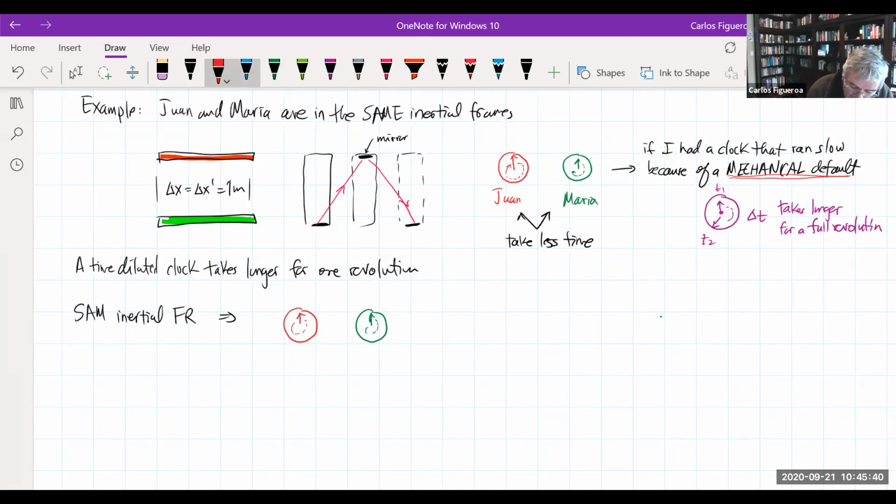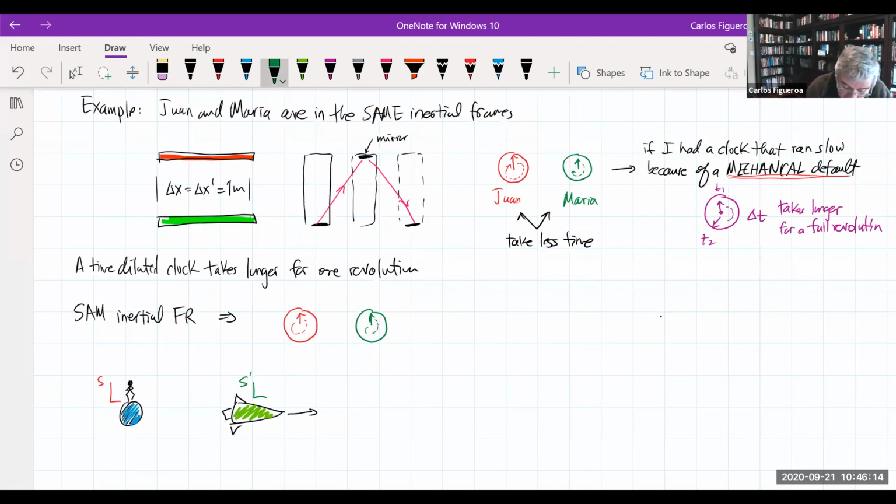So now I'm going to have a frame where I look at his clock, which is now the S frame, and then I'm going to look at the rocket's frame. We know that this rocket is moving, and as it's moving, we have this other frame, which is now this S prime frame.